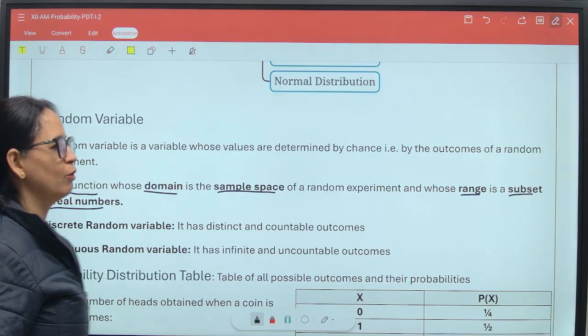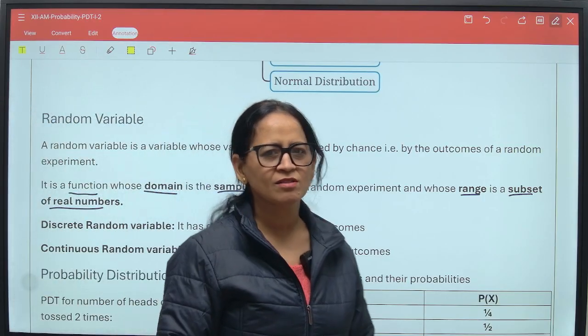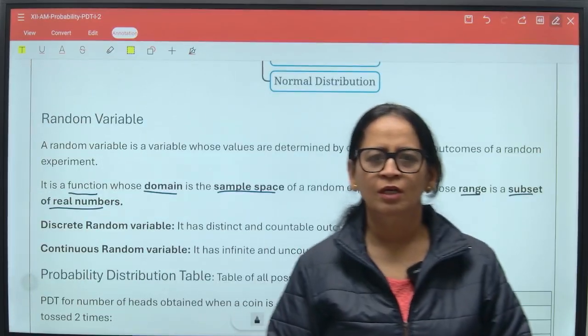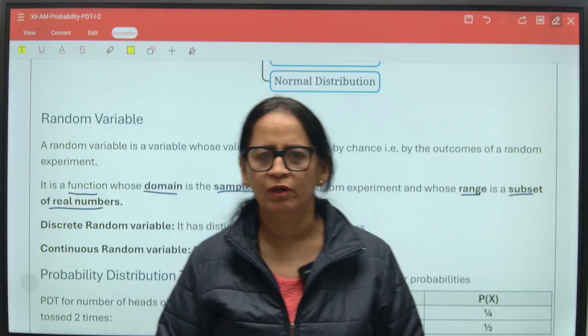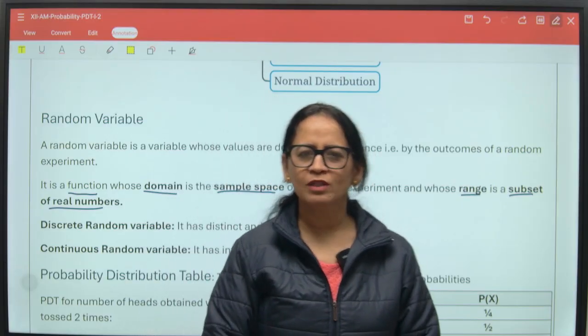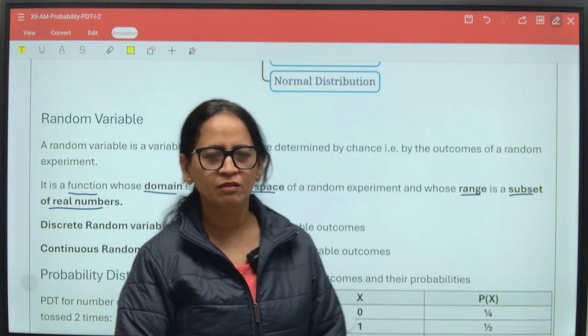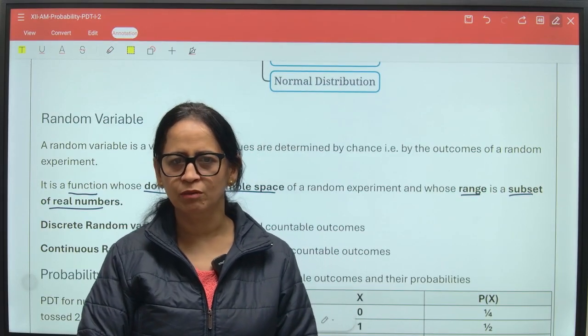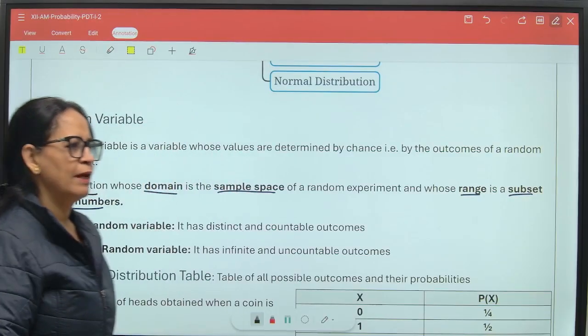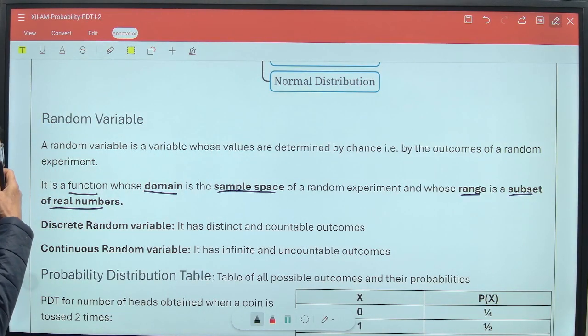For example, for rolling a dice, if I say x is a random variable that denotes the output as even or an odd number on rolling a dice. So what is the probability of getting an even number? It is going to be 3 by 6, that is 1 by 2. So the random variable x has a definite value.